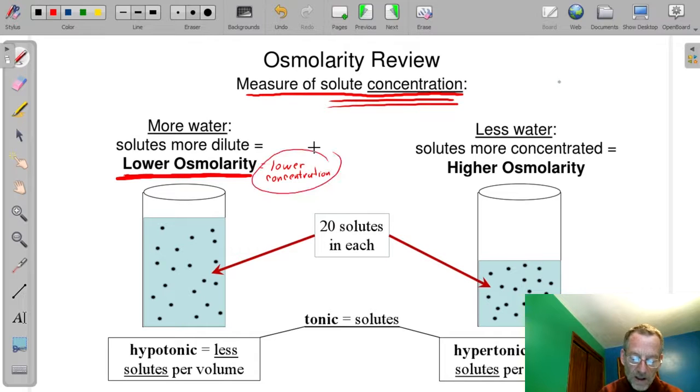Okay. And on the right, the solutes are more concentrated. So this has a higher osmolarity.